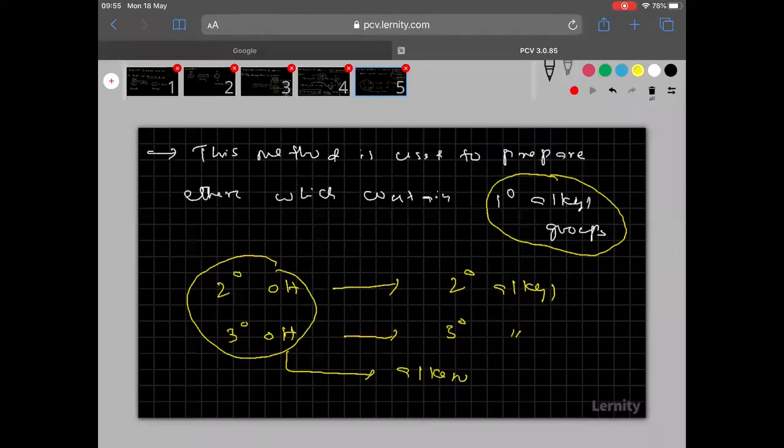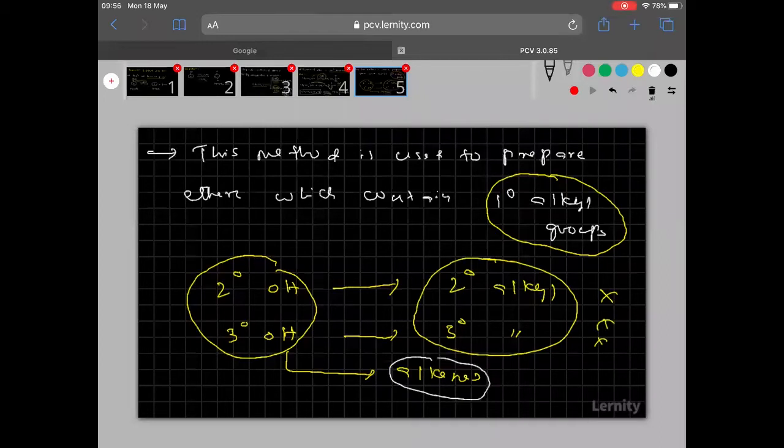So remember, in this way ethers are not prepared. If you take secondary or tertiary alcohol, you will get alkene by dehydration, but not ether.